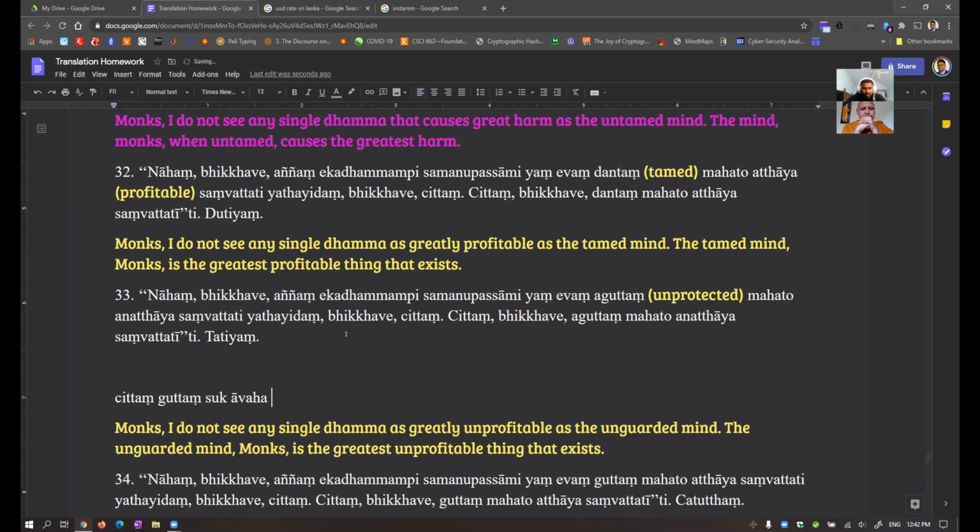Oh, there's an H. Here you go. Another form is chittang dantang sukhavaham. Adanta, danta, same danta. Yes.